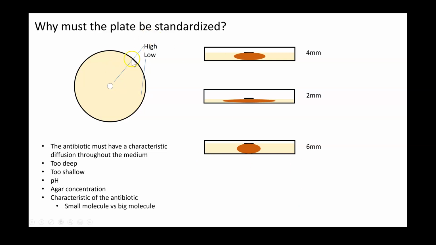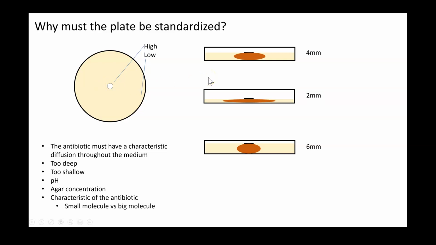So if we have a plate, let's imagine that we're looking down at the plate on the table, and we're going to put a tiny paper disc that is saturated in our antibiotic on the surface of our media. We can see that here if we're looking from the top down.